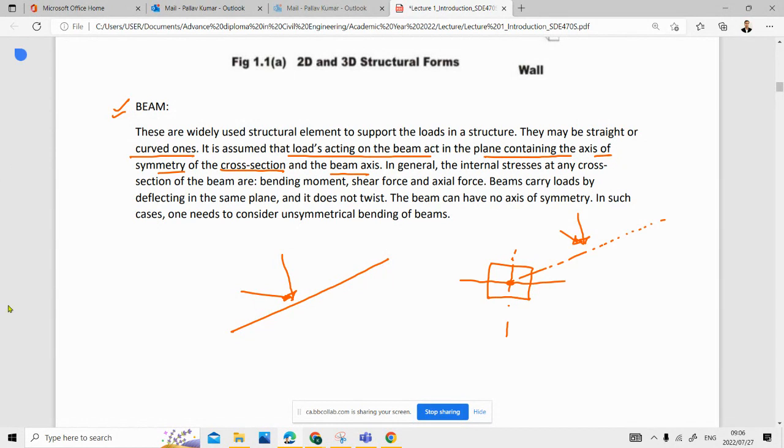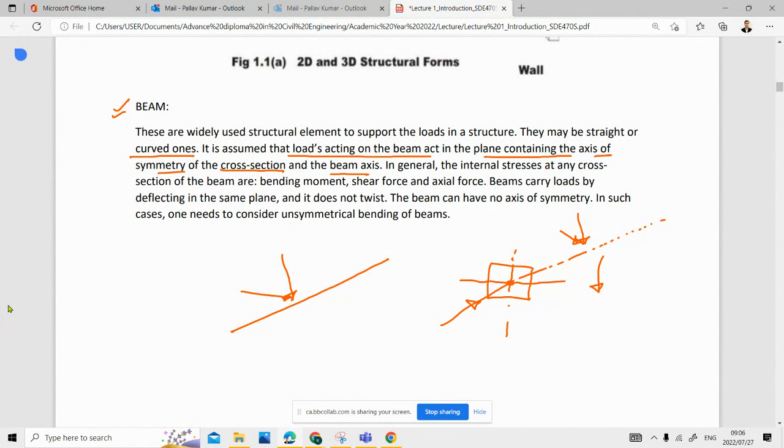If some load is acting along the axis of this beam, it acts as compressive in nature, but yes, the self weight will be downward. So we can't call this beam a column, given the nature of its axis. The analysis of such a beam will be different from what we usually do for a beam. Those things you will come across once you go for higher studies. I'm just explaining those things, right?